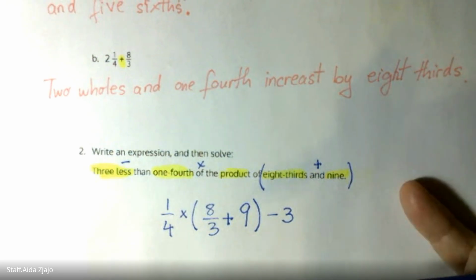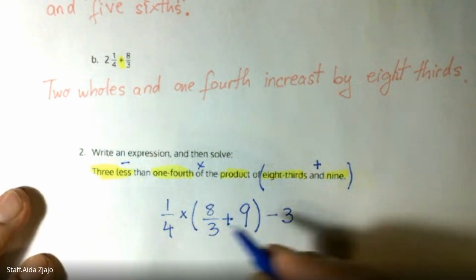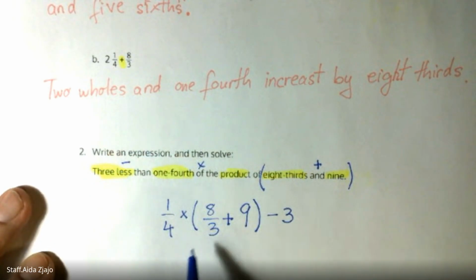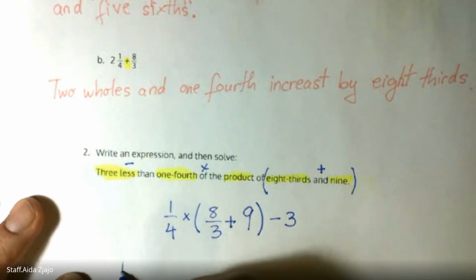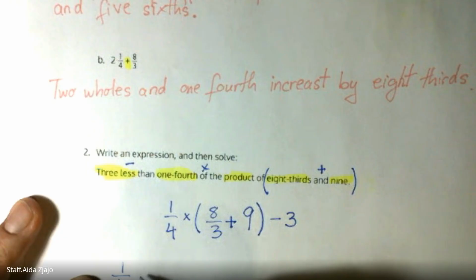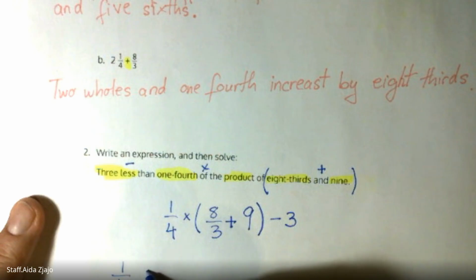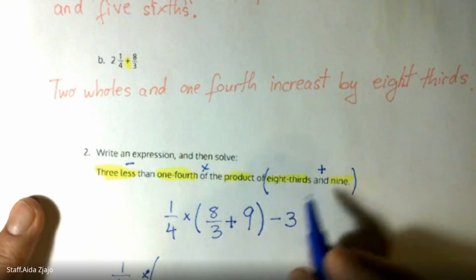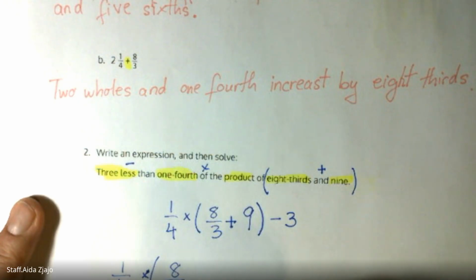I think I messed up with that because it could also be 3 less than 1/4 of the product of 8/3 and 9.